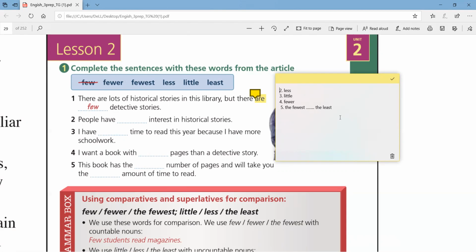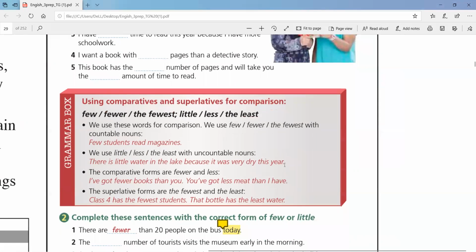This is the exercise before we start explaining the grammatical rule of that unit. Using comparatives and superlatives for comparison. Few, fewer, the fewest. Little, less, the least. We use these words for comparison, and we said that comparison is when we compare between two things.